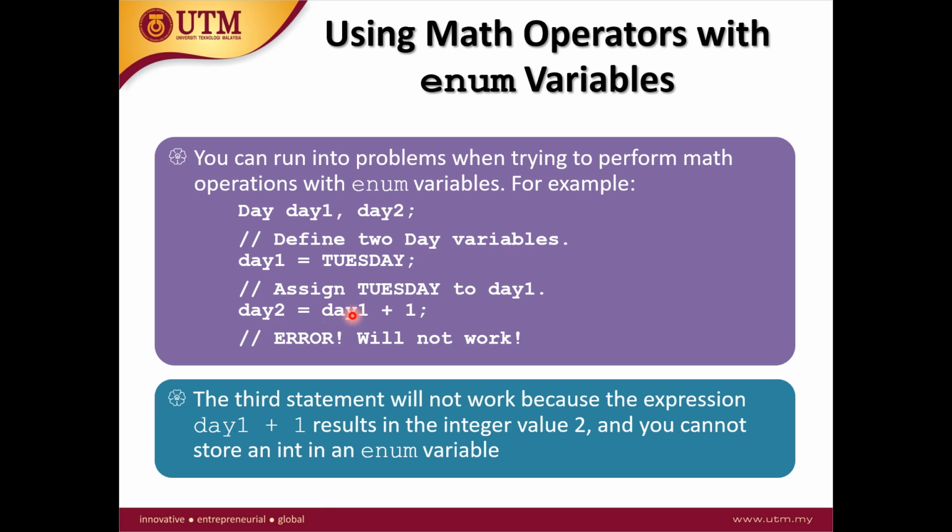Whenever you are calculating, this is going to be 2, a direct integer, and it can't be stored inside a variable whose type is the enumerated data type, or day. So make sure that you don't do that, but you can store any identifier inside any variable of an enumerated data type.